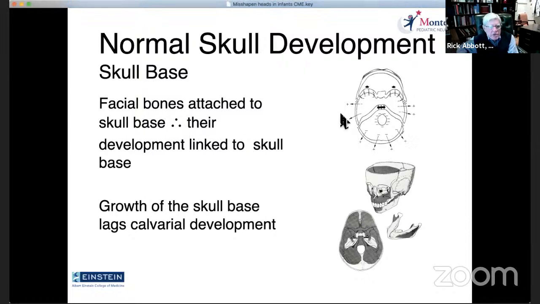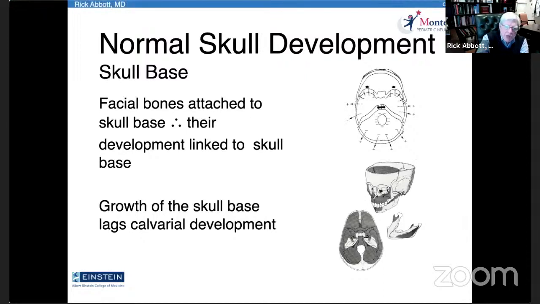Since the facial bones are attached to the skull base, their growth, which is lagging the skull base growth, which is lagging the calvarial growth, will also lead to a slower development of the facial structure. And this is what accounts for the typical appearance of an infant with a very large calvarium and a disproportionately small facial bone structure.